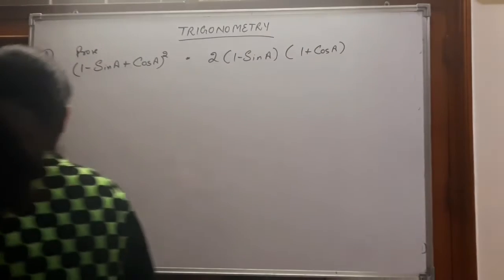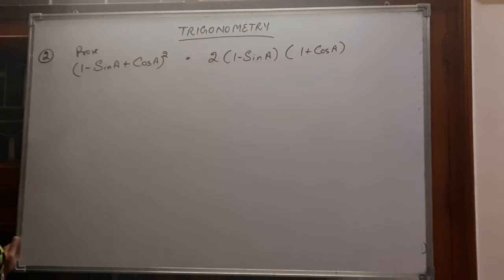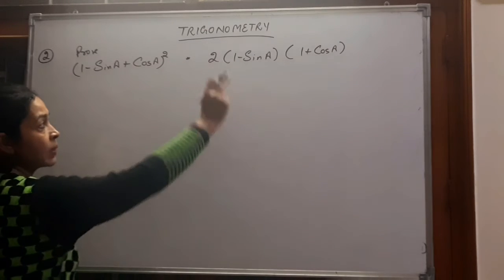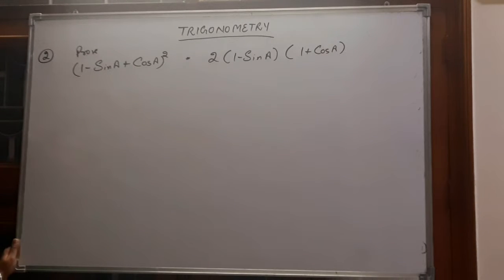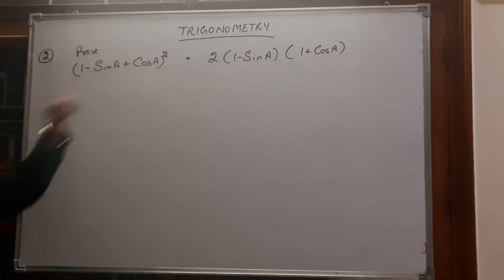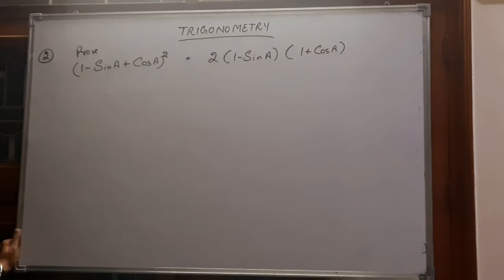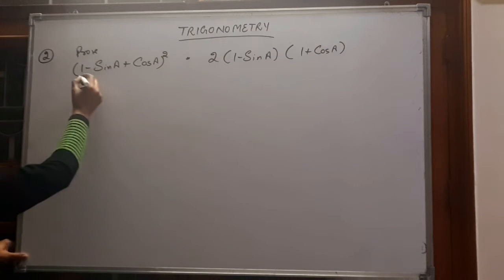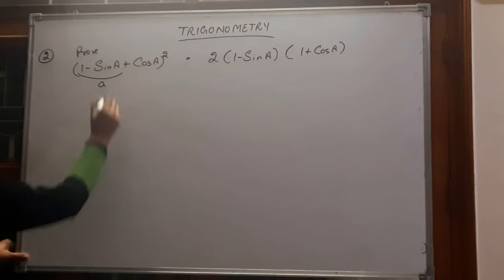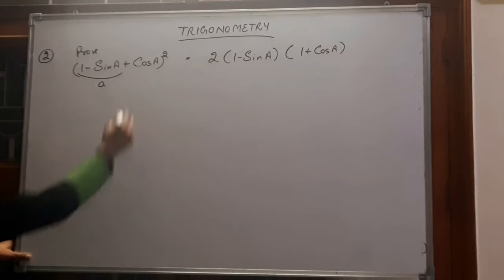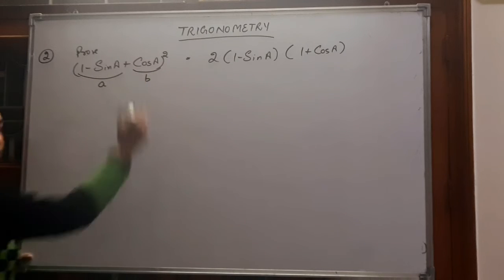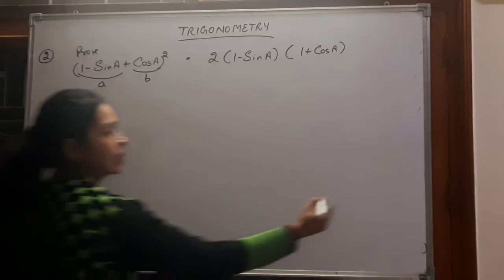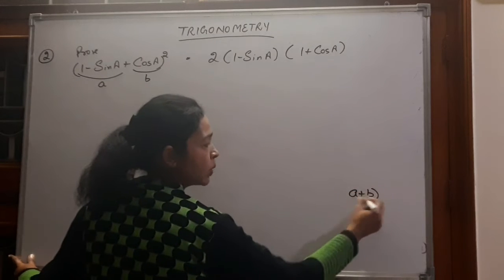Prove that (1 minus sin A plus cos A) whole square equals 2 times (1 minus sin A) times (1 plus sin A). Now we have 3 terms, 1 minus sin A plus cos A whole square. What do we do? Let's take 1 minus sin A as A, and cos A as B. What do we get? A plus B whole square.